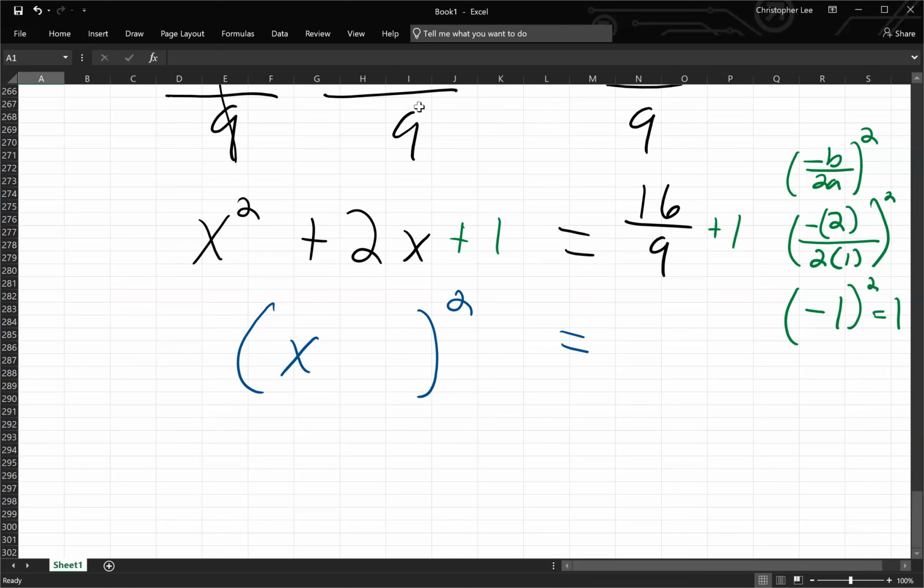What's that? 25 over 9. Very good. Remember, the 1 is like 1 over 1, so I need the same denominator. It's like 16 plus 9 divided by 9, so 25 over 9.